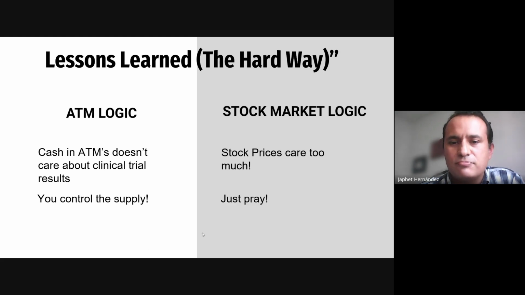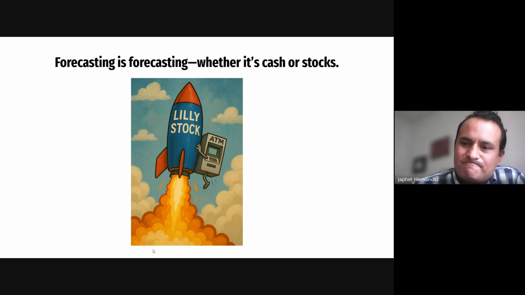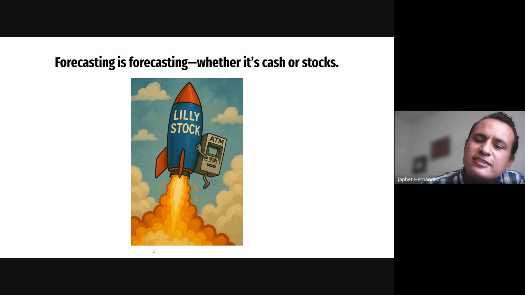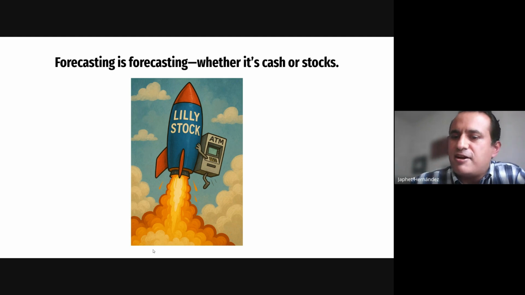In stocks, you can just pray and expect the best. So, despite the chaos, this journey taught me one golden rule. Forecasting is forecasting, whether it's cash or stocks. The tools change, but the thrill of the educated guess remains. And let's be real, Lilly's drama is way more fun to explain at parties than ATM cash flows.